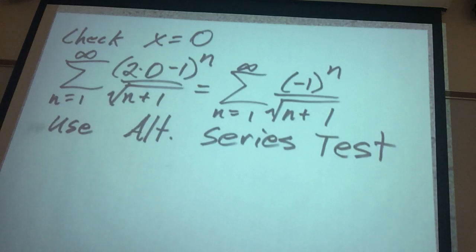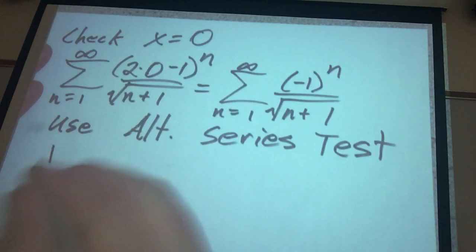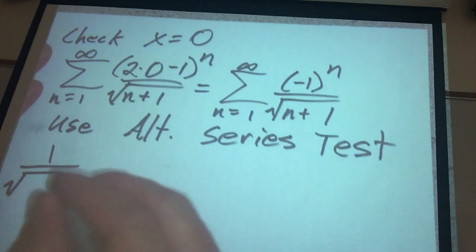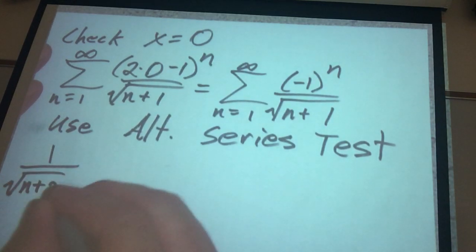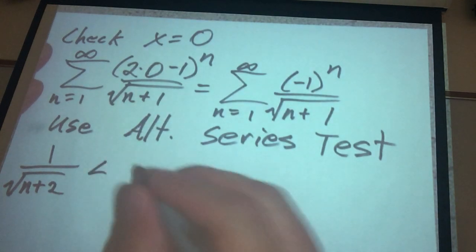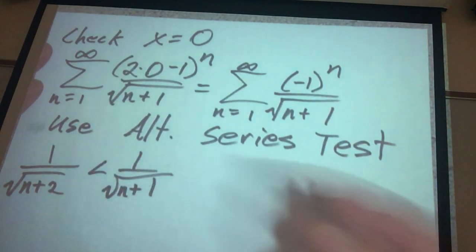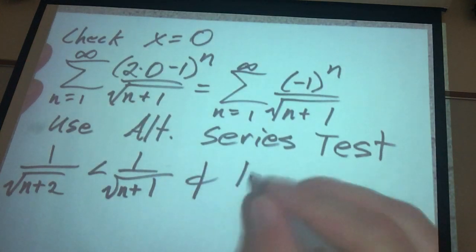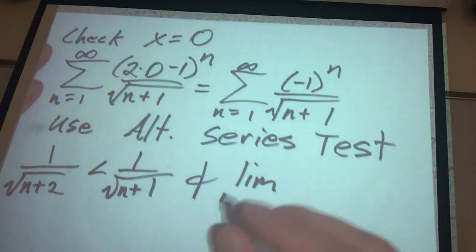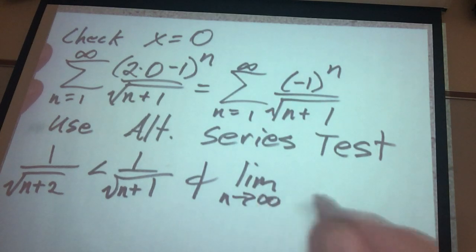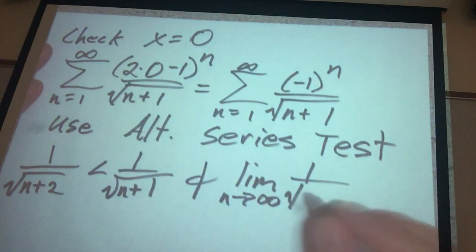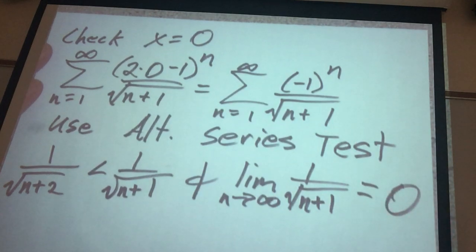For the alternating series test, we have that 1 divided by the square root of n plus 2 is less than 1 divided by the square root of n plus 1, and the limit as n tends towards infinity of 1 divided by the square root of n plus 1 does equal 0.